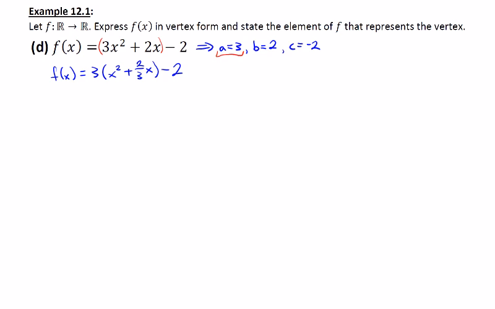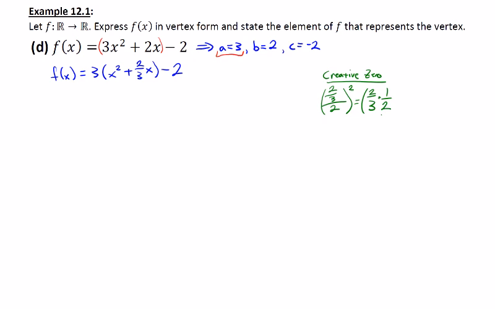Next, I want to look at the create-a-zero step. So for the create-a-zero, I'm going to be taking 2/3 and dividing it by 2, and then squaring that result. I never try to actually divide a fraction by a whole number or by another fraction, but instead, if I'm supposed to be taking 2/3 and dividing it by 2, I would rather multiply by 1/2.